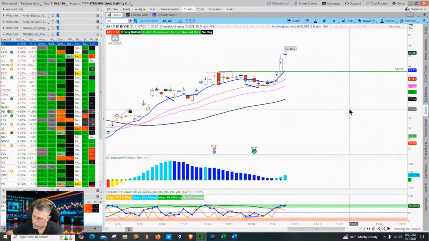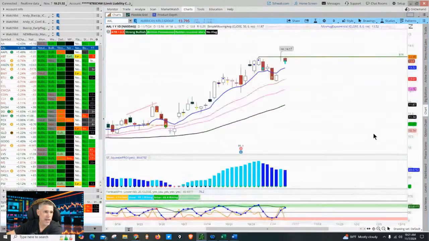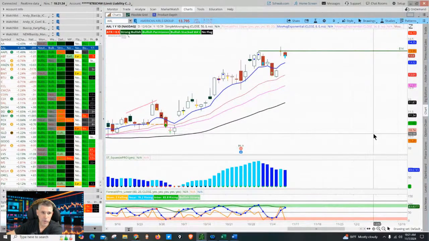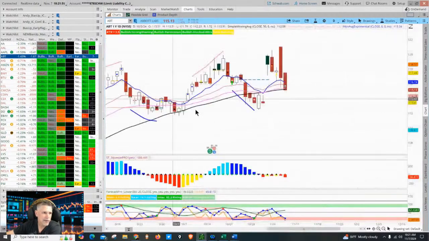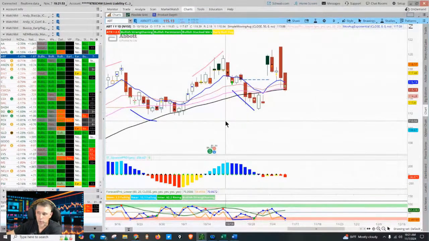So I'm going to go because we got lots of stocks. Alcoa, no setup. Okay, this one right here, American Airlines, breakout setup. You already know what the high probability setup is today. I'm only going to post in the group today high probability setups, except bull flags. I'll post those. Abbott, squeeze. We already talked about that, right? I think we already went over that one.